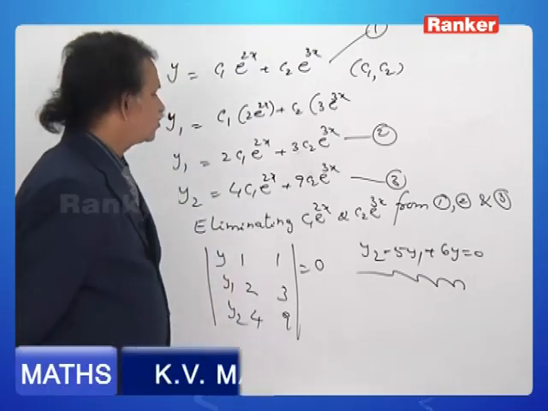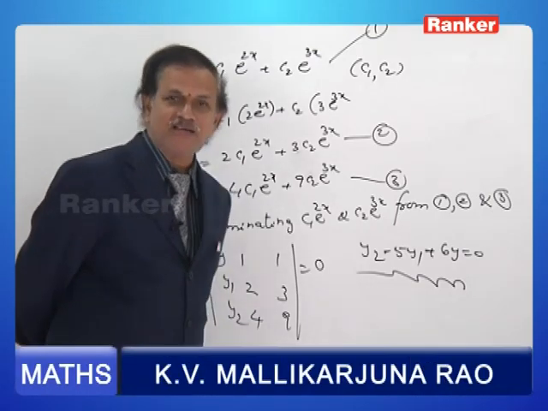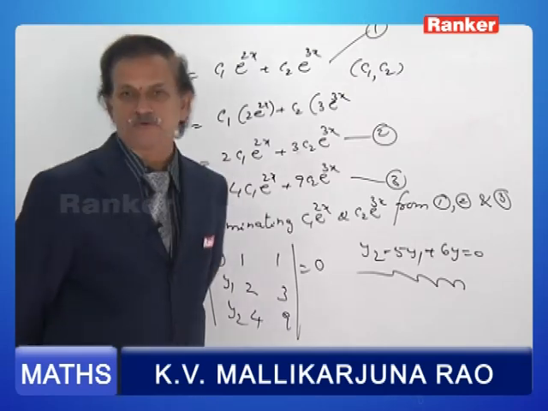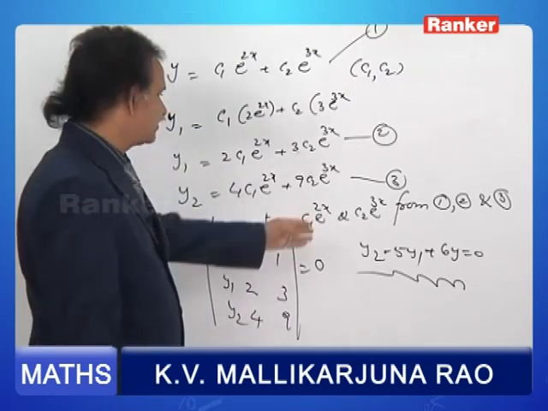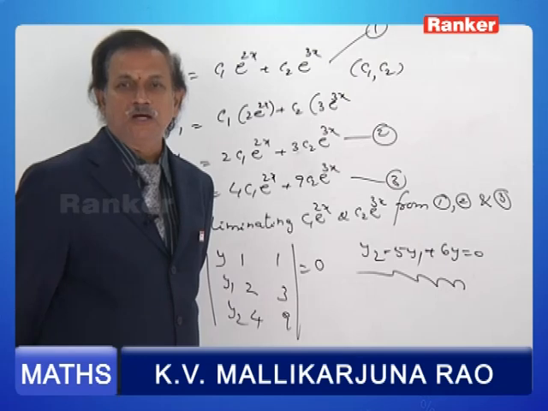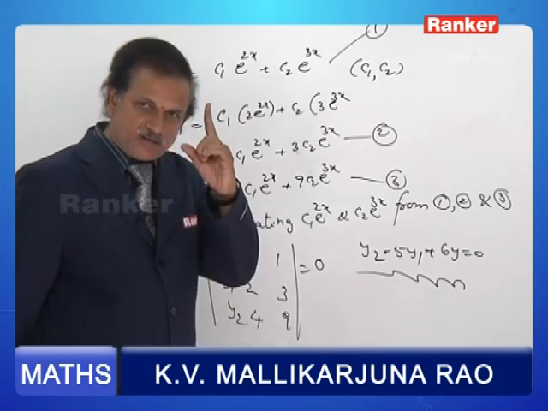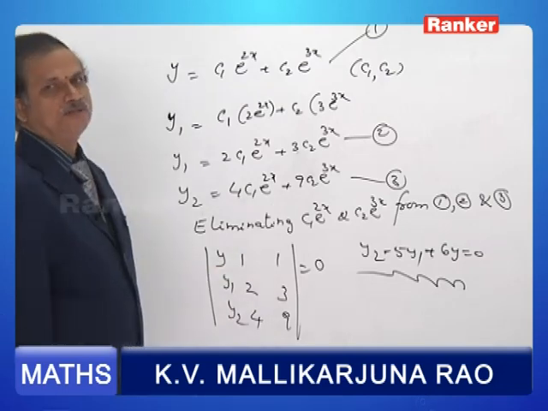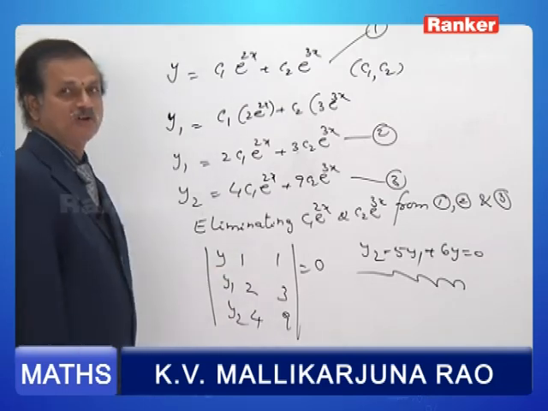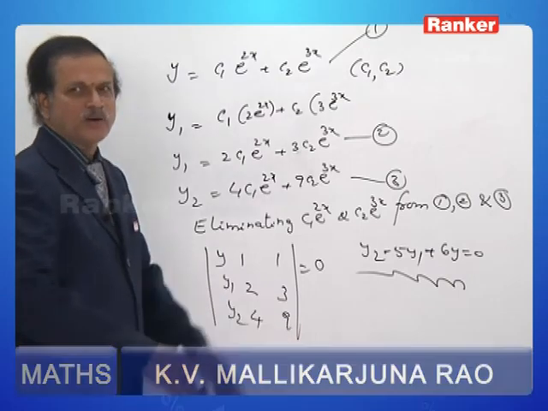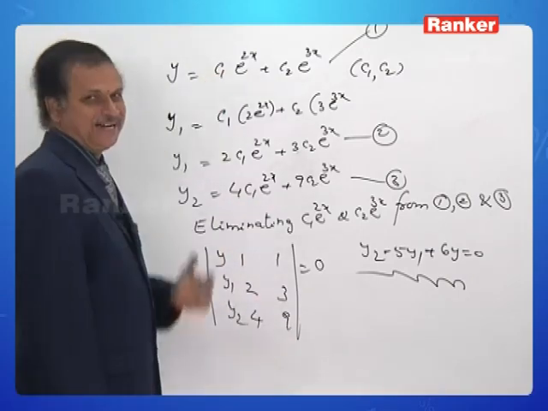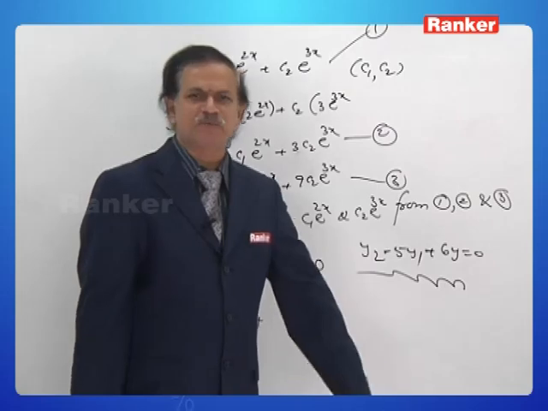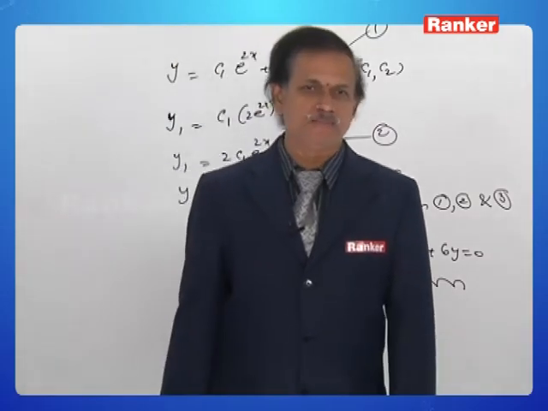So d square y by dx square minus 5 dy by dx plus 6y is equal to 0 is the differential equation of second order and first degree. Yes, first degree. Well done. This is the process of eliminating the required constants. Of course, it will be quite possible in problems of this kind. At times, it might be possible in other different problems also.